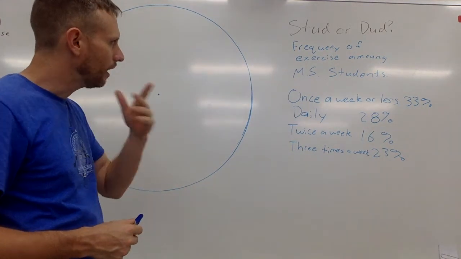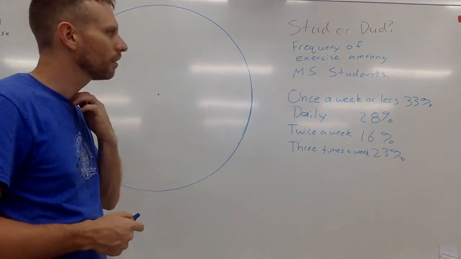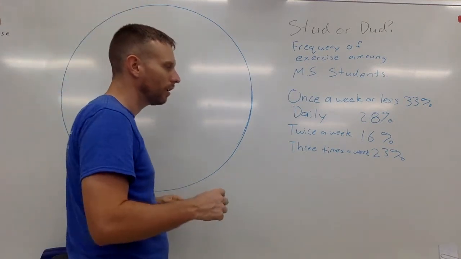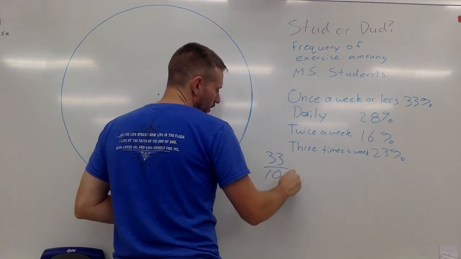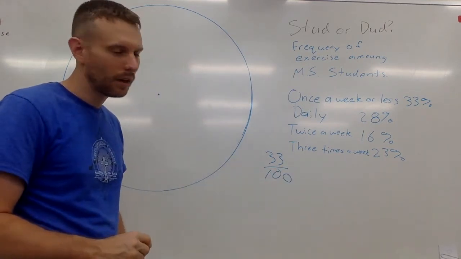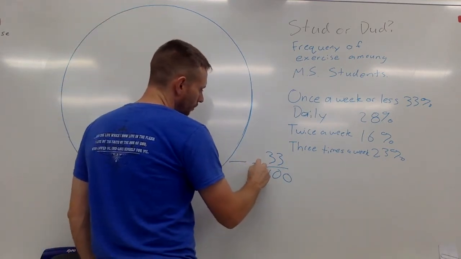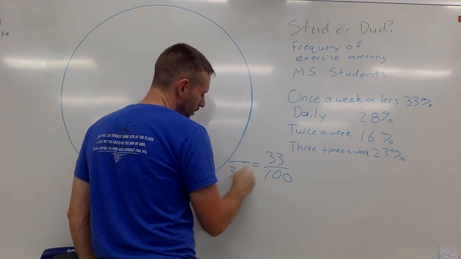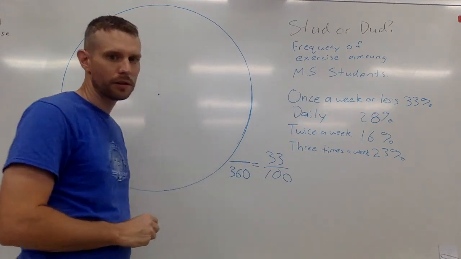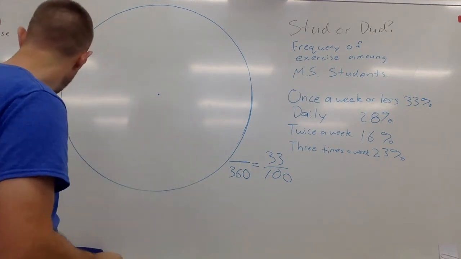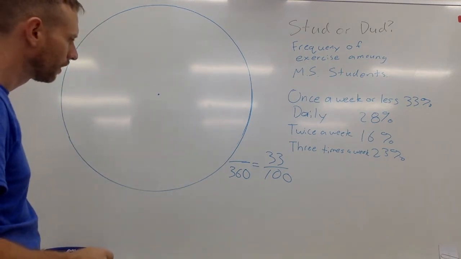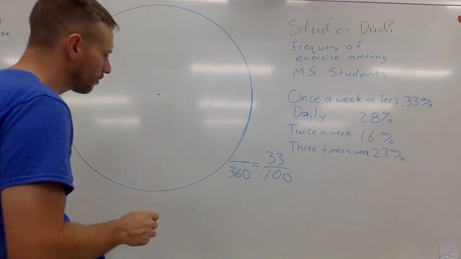So I have 33% exercise once a week or less. I know that 33% is 33 out of 100, and I need to see what that equates to in 360 degrees. So I can do 360 times 33, and then divide that by 100.